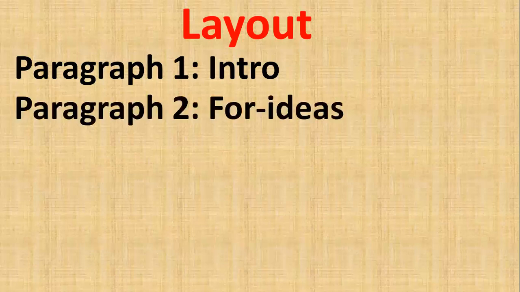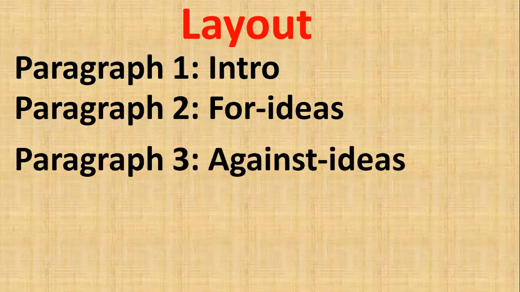What about paragraph number 2? Paragraph number 2 is purely about the advantages that make people for the topic. So 1 advantage, 2 advantages, 3 advantages or more. These advantages urge people to be for the topic. So generally it is 4 ideas.